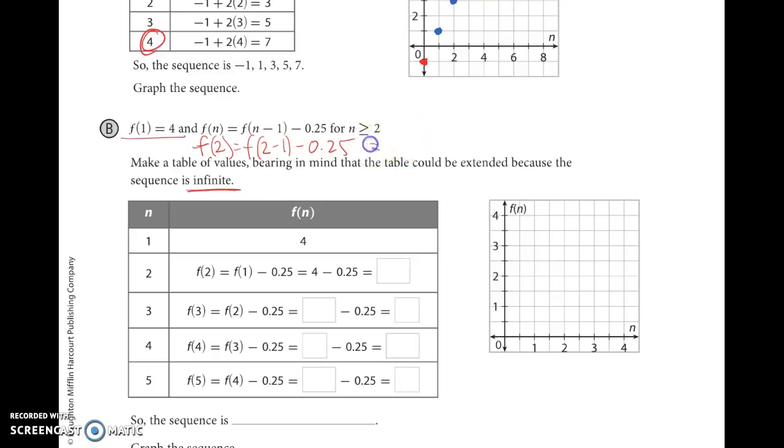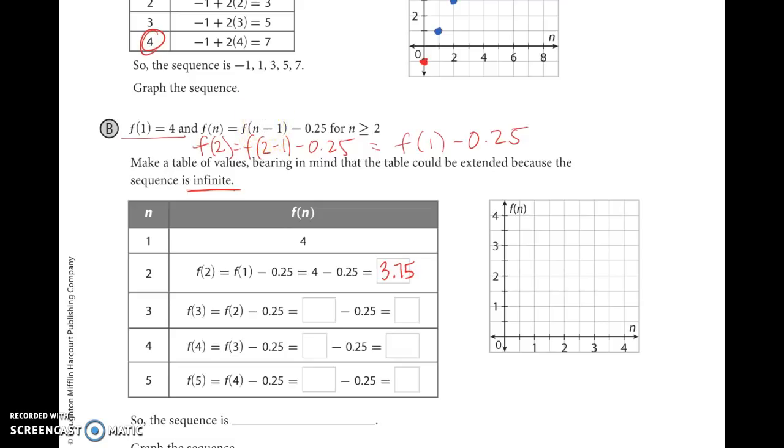So we would have f of 1 minus 0.25. What is f of 1? f of 1 is 4, and they plugged it in here. So 4 minus 0.25 is 3.75.